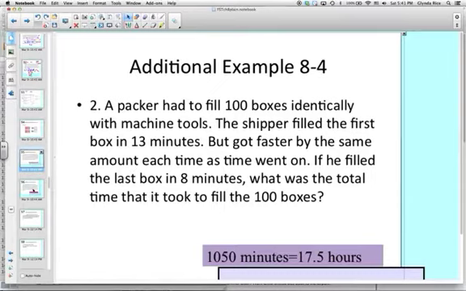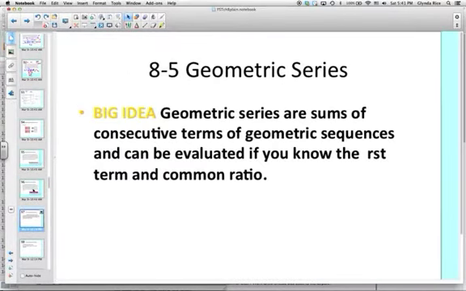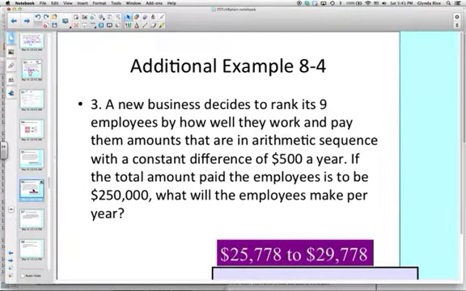Again, in each case, we're asking ourselves questions: is it a sequence or is it a series? A sequence is a list of terms that follow a pattern. A series is the sum of the terms in the sequence. Then you are going to identify a1, d, and n, or what things you know. Use the formulas on your card.